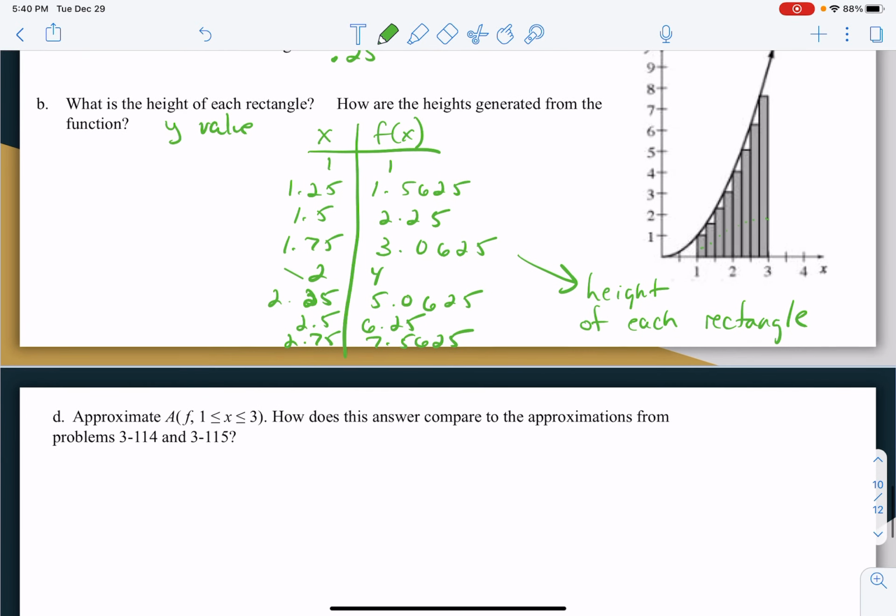So if I want to approximate the area of this function between the interval of 1 and 3, using 8 rectangles instead of 4, I can again take my width times the height and take the height of each rectangle.